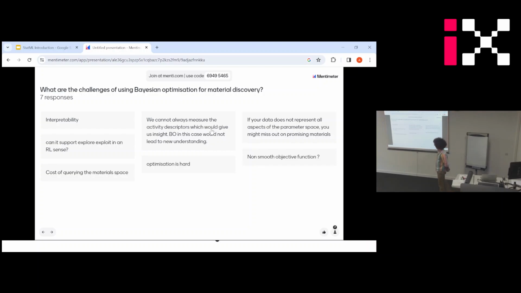Can it support exploration and exploitation? That's more of a question than a challenge, but on the question of whether it can support explore and exploit in the reinforcement learning sense, you can enforce it through using the right acquisition function.